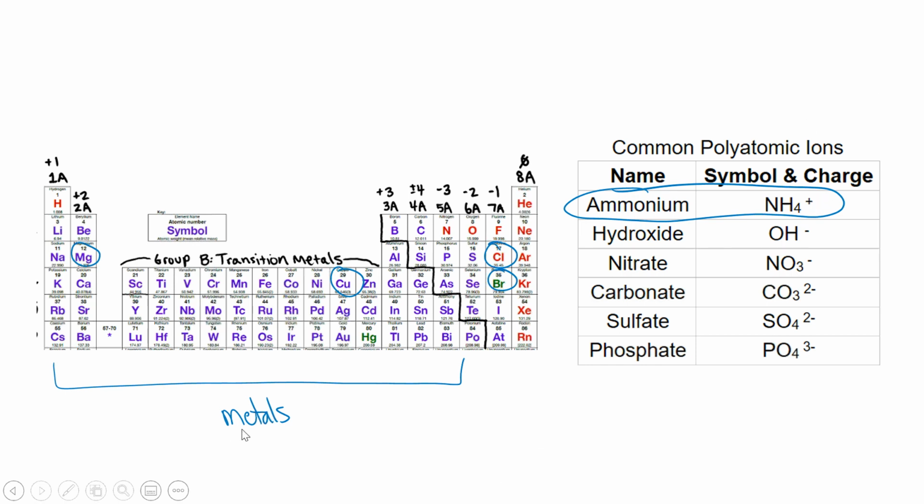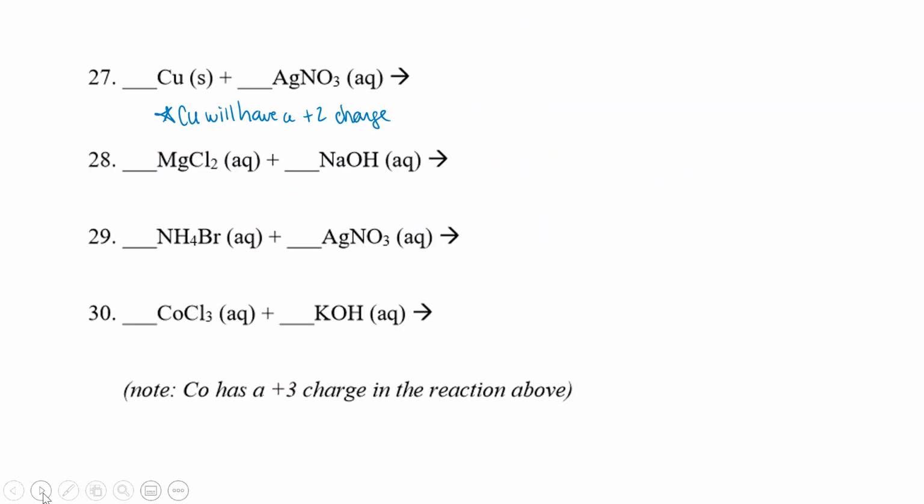Metals. So ammonium will kind of behave like a metal in this type of reaction because it's just a positively charged ion. And really what's happening is the positively charged ions are switching places with each other. So in this case, the NH4 and the silver will switch places.